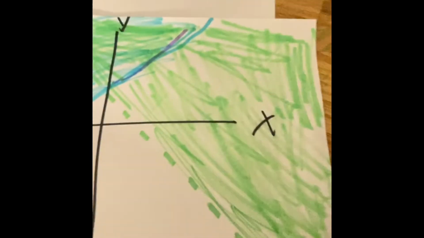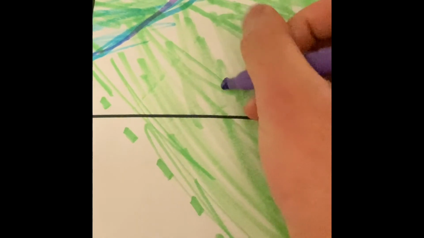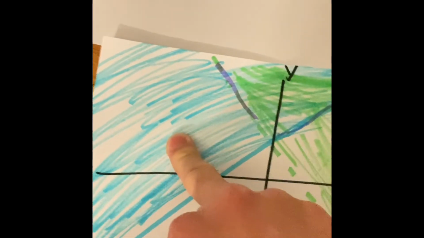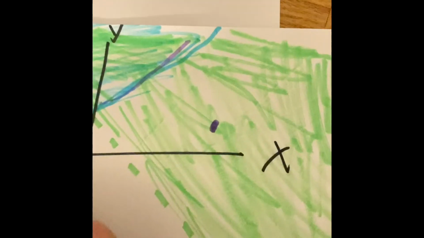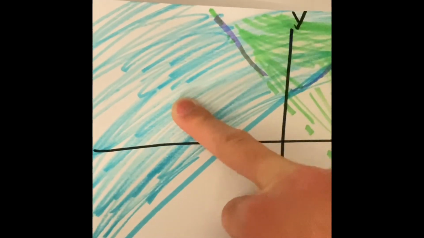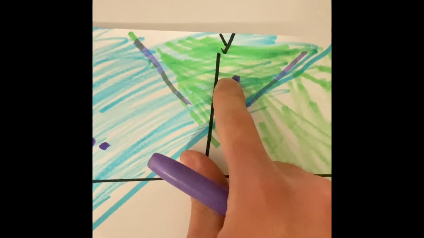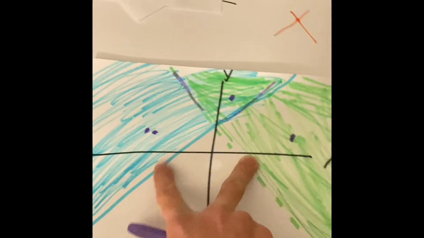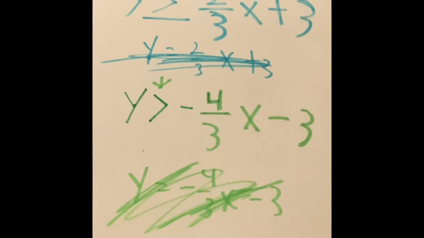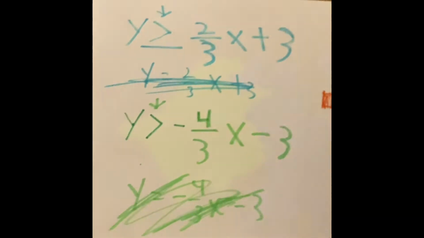Vice versa, if the purple dot is in the green area only, it will make green true but blue not true. If I put the purple dot in the middle where blue and green intersect, that will make both equations true. If you do it mathematically, it will make both equations true.